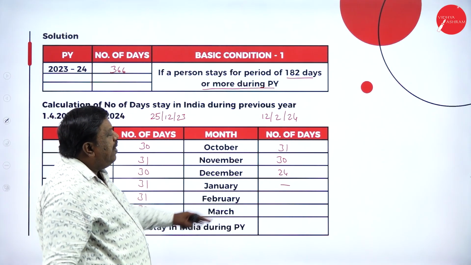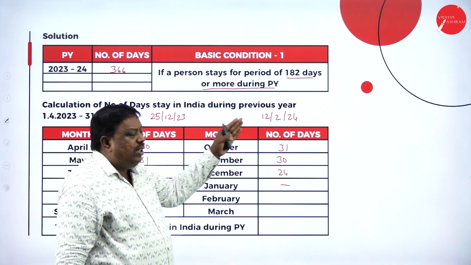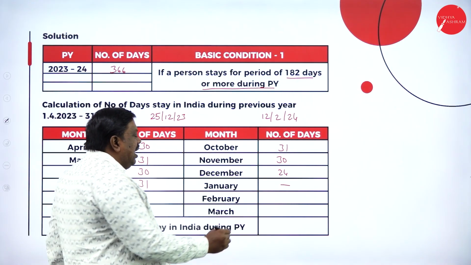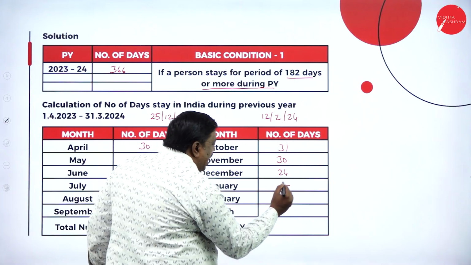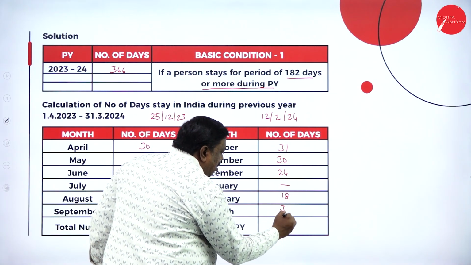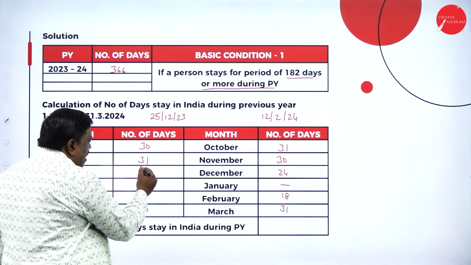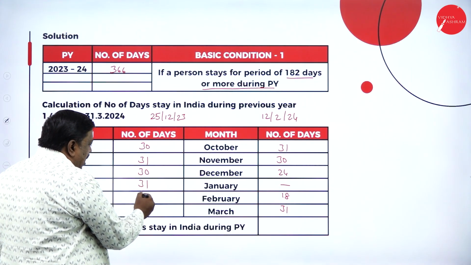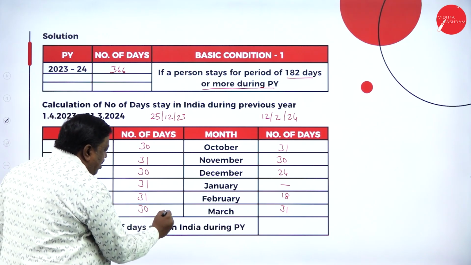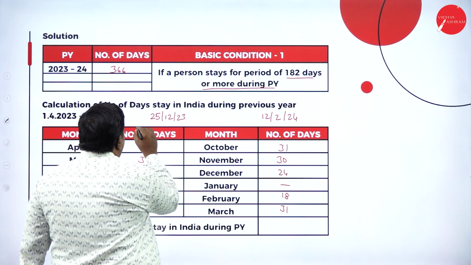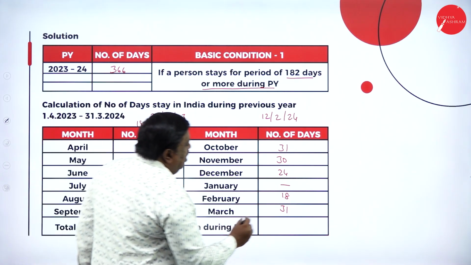February, when I returned back, 12th to 29, so it is nothing but 18 days I was in India. March 31. So now 30, 60, 90, 120, 150, 180. So 183 days here.